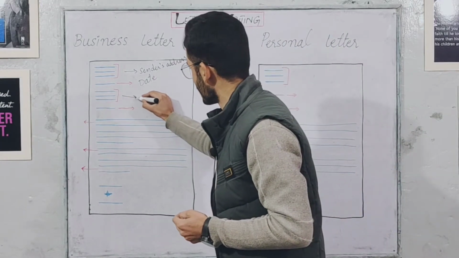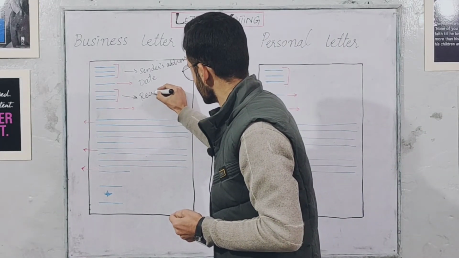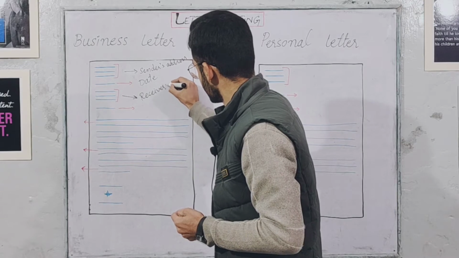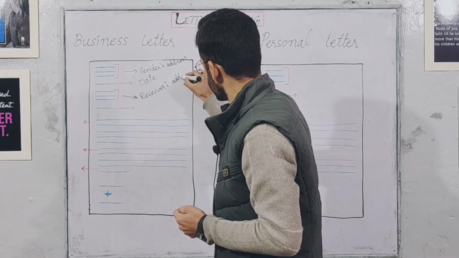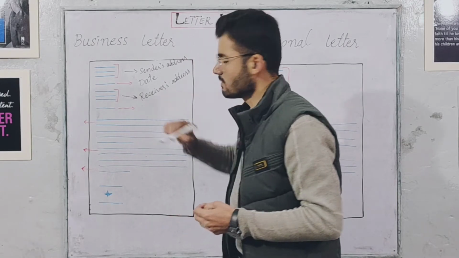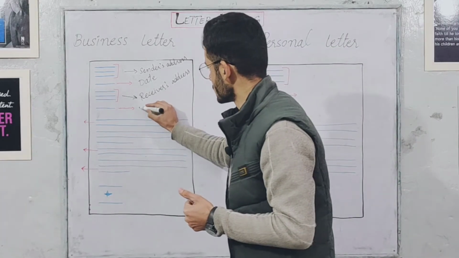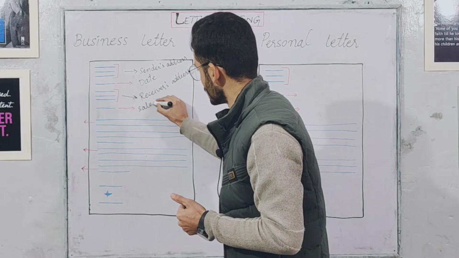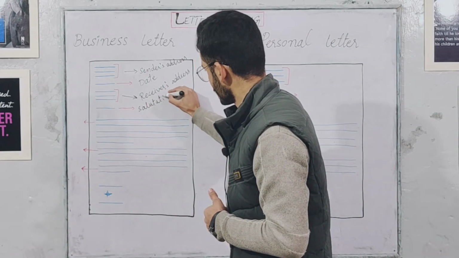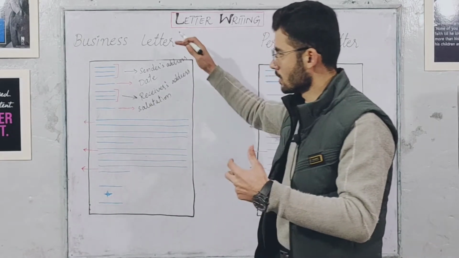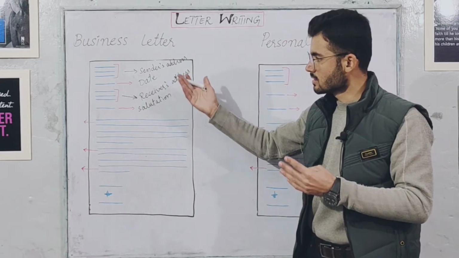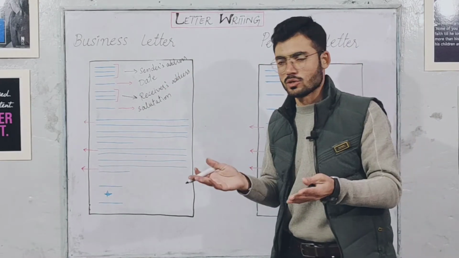And then we have the receiver's address, the receiver to whom you are sending the letter. After the receiver's address, we have salutation. Sender's address, date, receiver's address, and salutation.